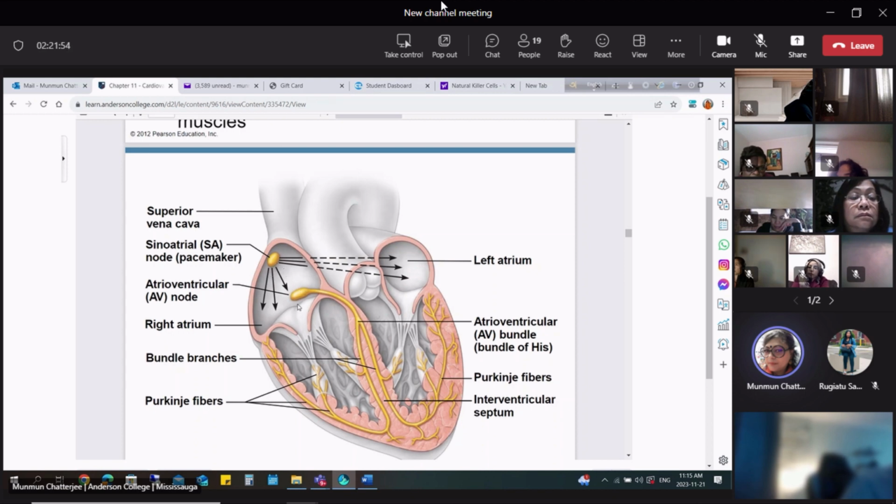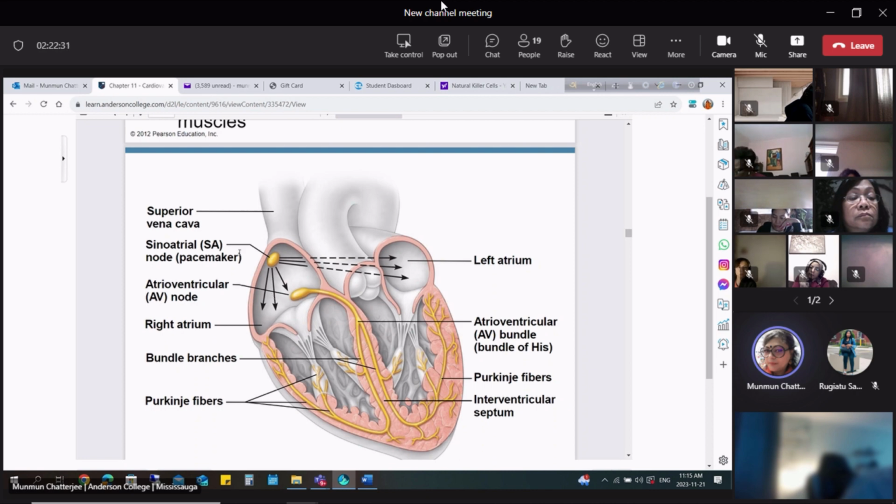Then we have another node at the junction between the right atrium and the ventricles. This is called the AV node. From here one branch comes, called the bundle of His or atrioventricular bundle. These are all important. Then it divides, going left and right, called the bundle branches, going into the interventricular septum, and then branching further. These are called the Purkinje fibers. They look like Purkinje fibers.